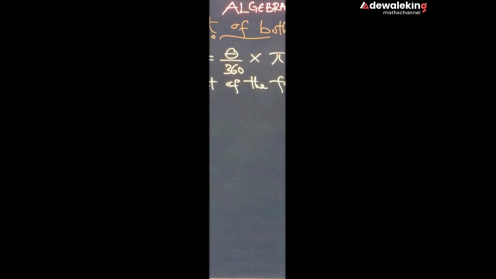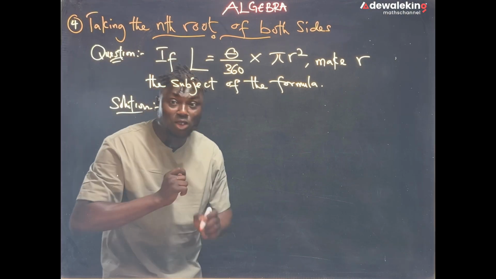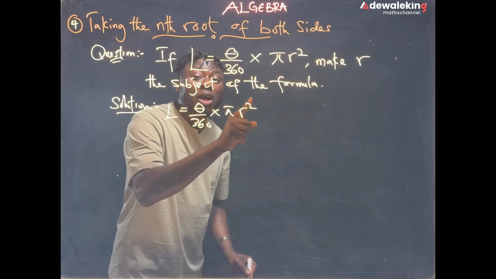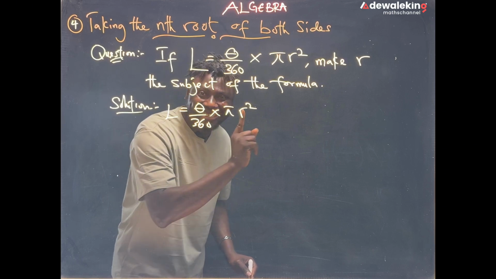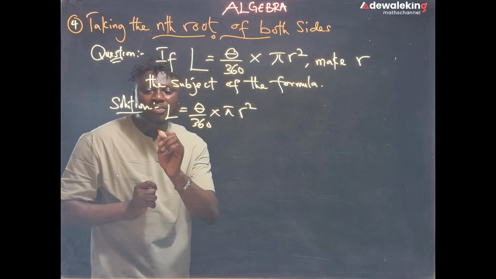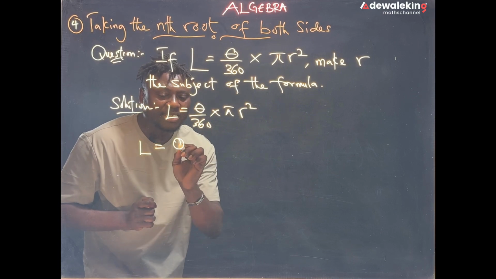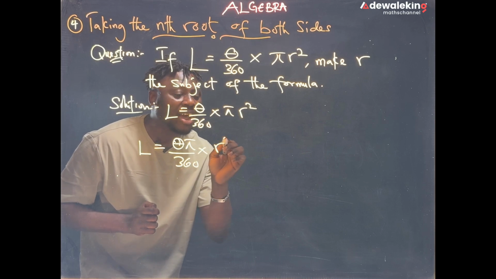You say solution, you write the question. So we're going to eliminate everything around r square at the right hand side. So say L is equal to theta pi over 360 times r squared.